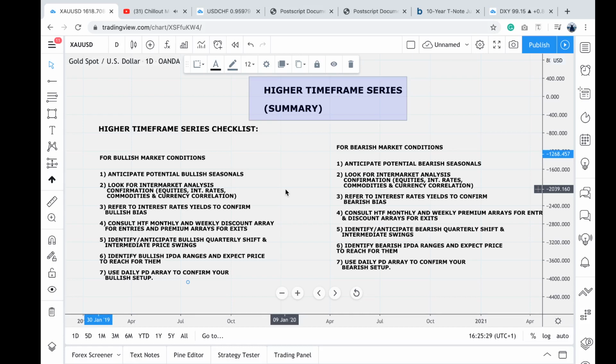The second and the third are interrelated, in the sense that you're covering fundamental analysis in both. The third is to refer to interest rate yields to confirm a bullish bias. What that simply means is you check the bond market.